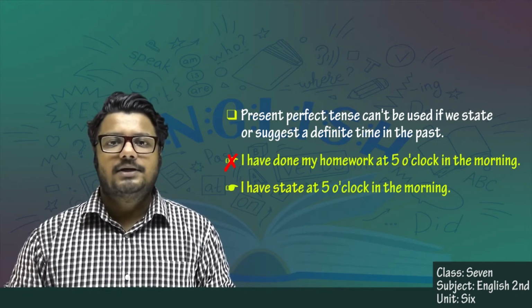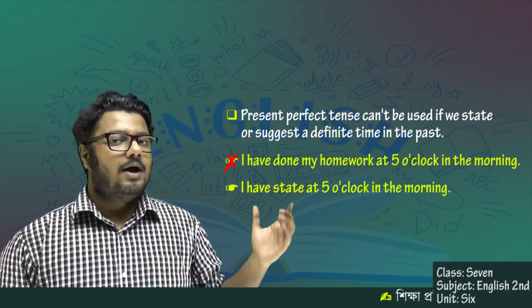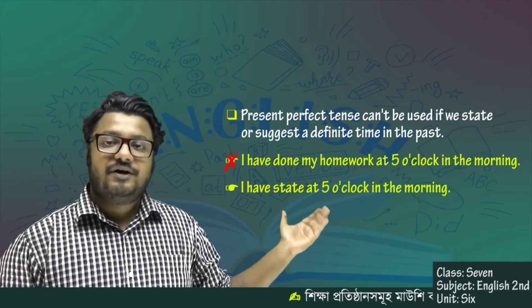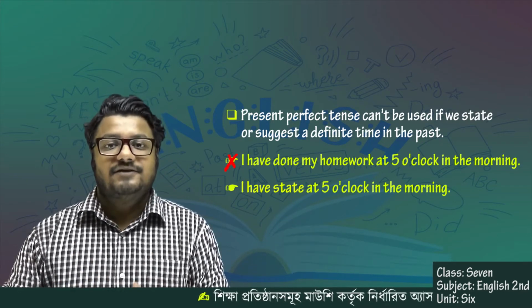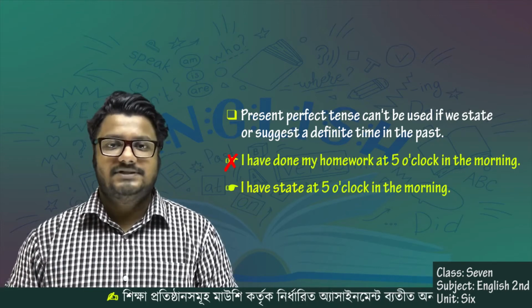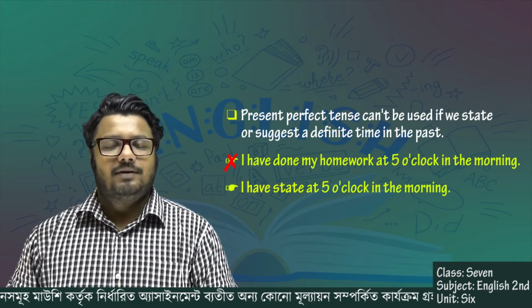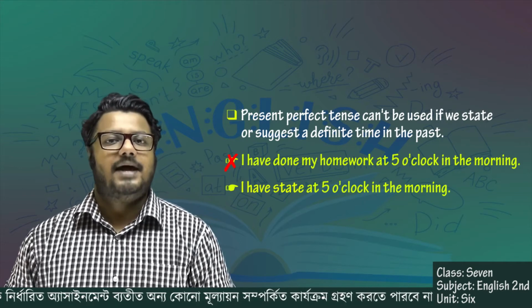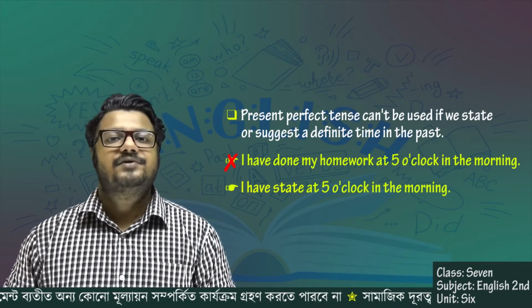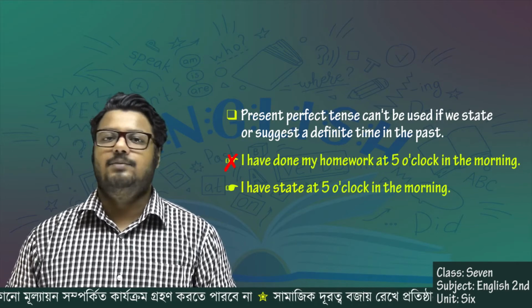We cannot use present perfect tense and a definite time in the past in the same sentence. These two do not go together, because when we state a definite time in the past, the sentence does not remain present perfect tense anymore.